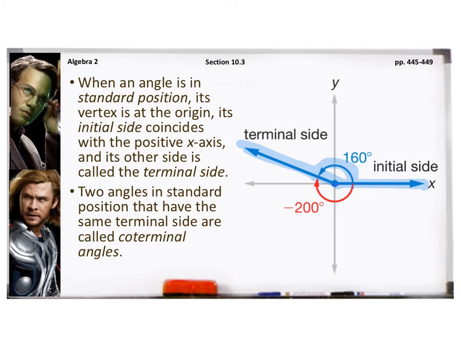As you see in this case, negative 200 is coterminal with 160. They both have the same terminal side. I could find that value if I did 160 minus 360, a full circle, and I would get negative 200. That's how you're going to find your coterminal angles.